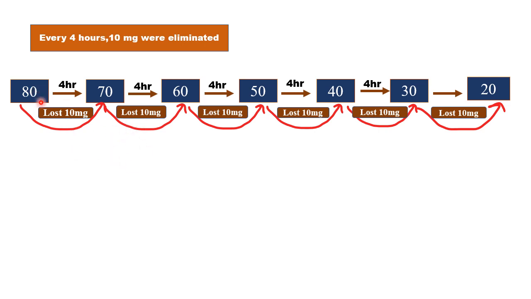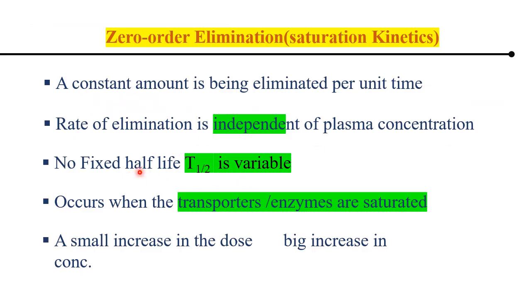Only a fixed amount of the drug is being eliminated from the body regardless of the plasma concentration. And there is no fixed half-life, and T half is variable. In first order T half is constant, but in zero order T half is variable.